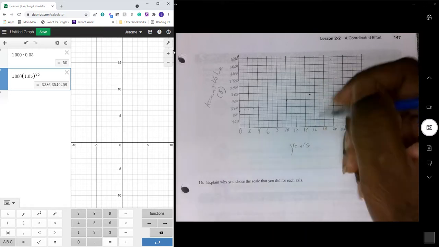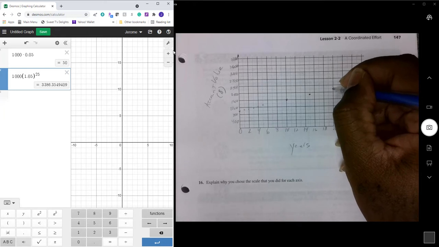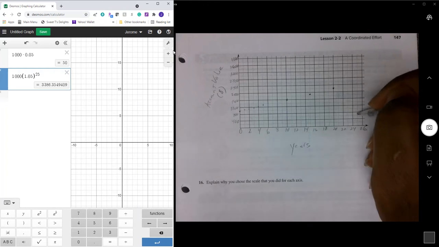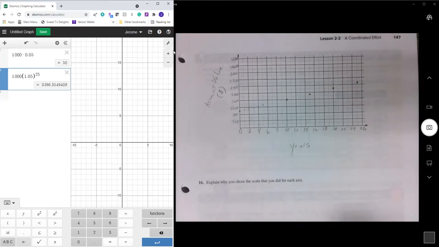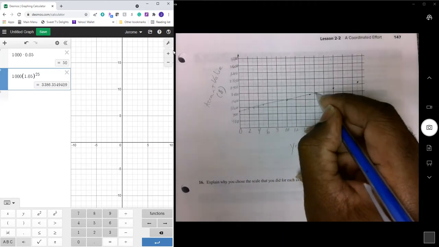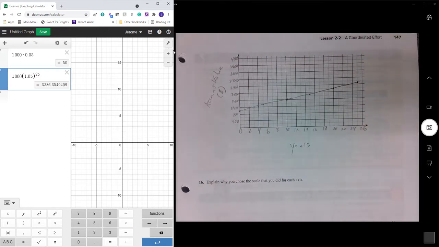Then we have 20 for 2,200, which is about here. 25, and then we had 2,500 to be about here. Now we could connect these points. Okay, so that is account 1.